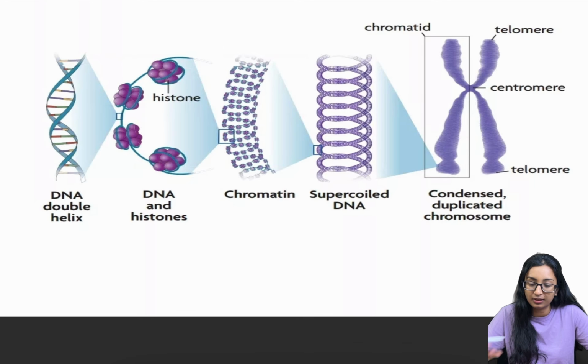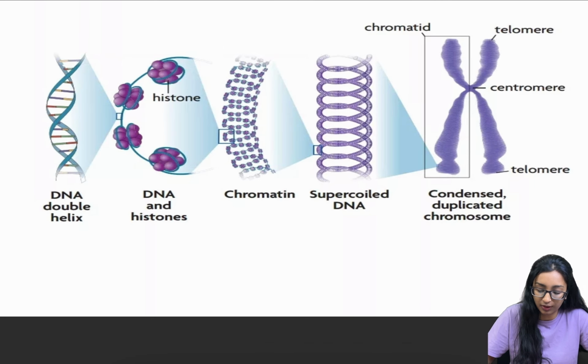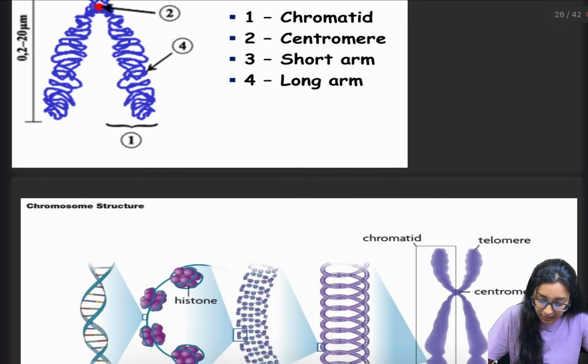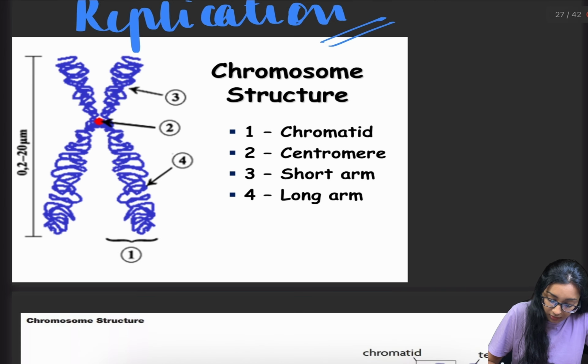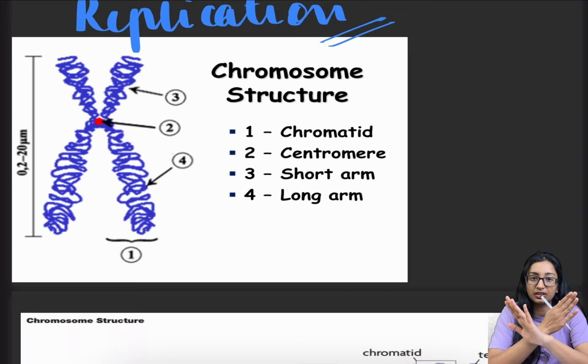After chromatin, there will be supercoiling of the DNA, and after that we will have a centromere in the center, which will lead to the formation of chromatids over here. It will lead to an X-shaped chromosome.